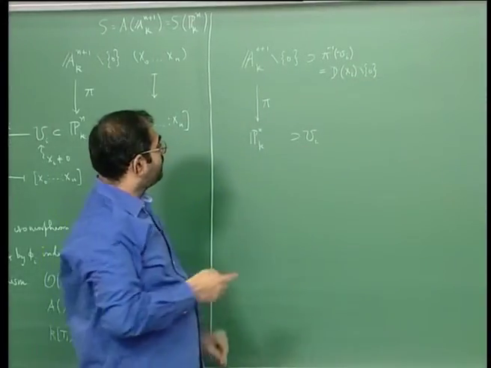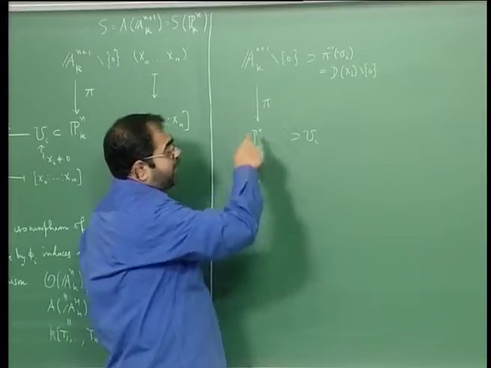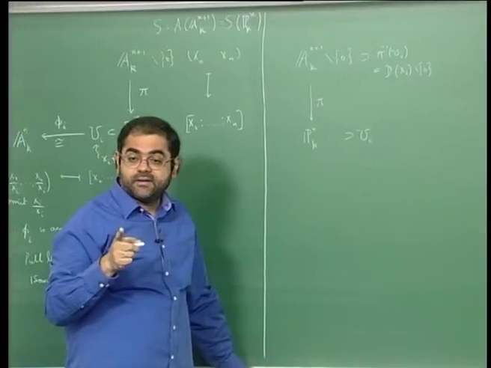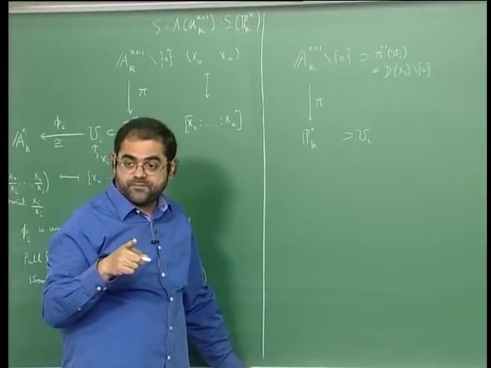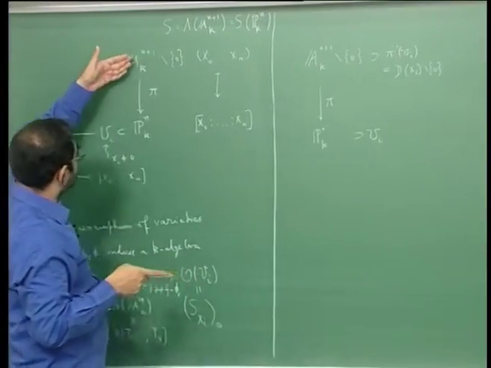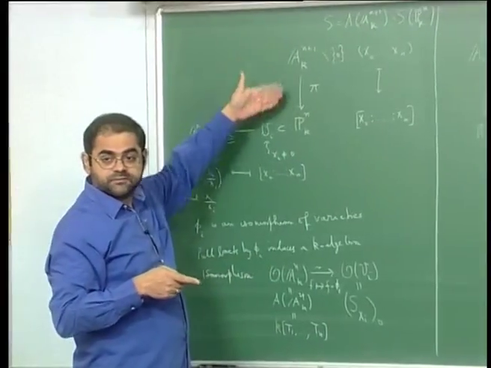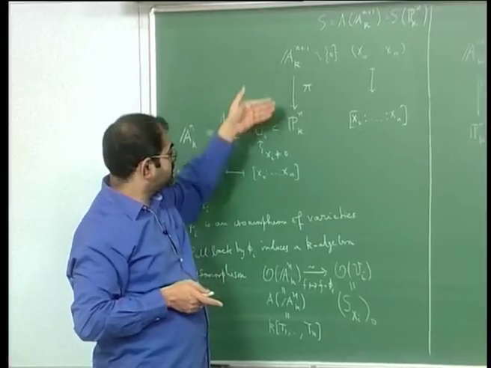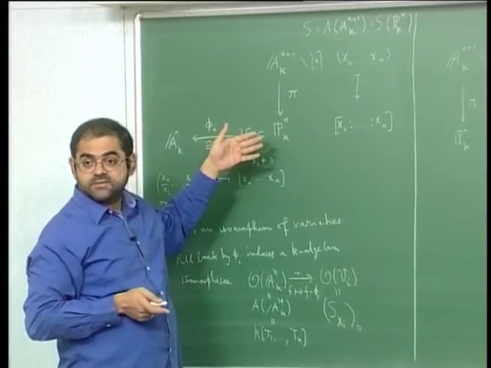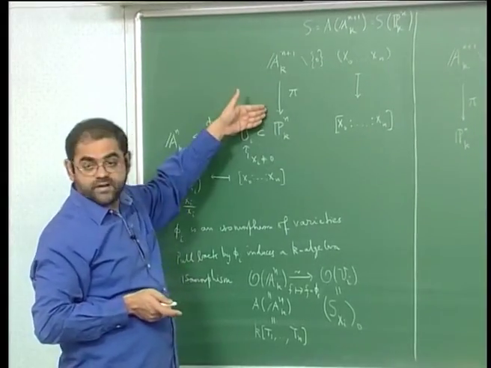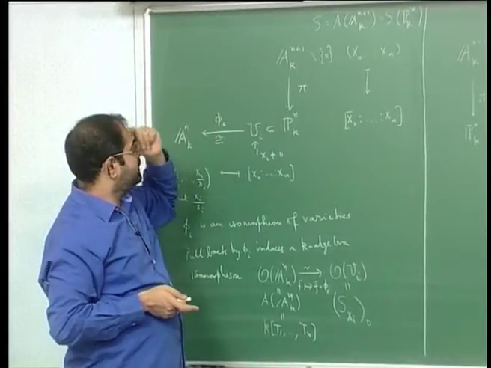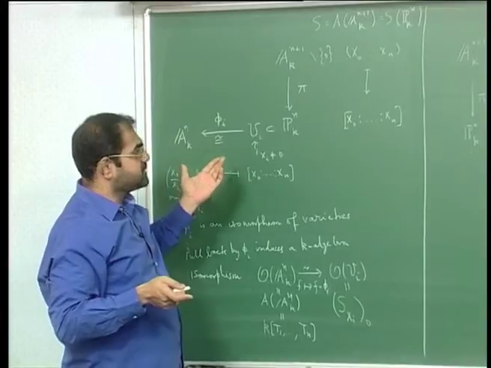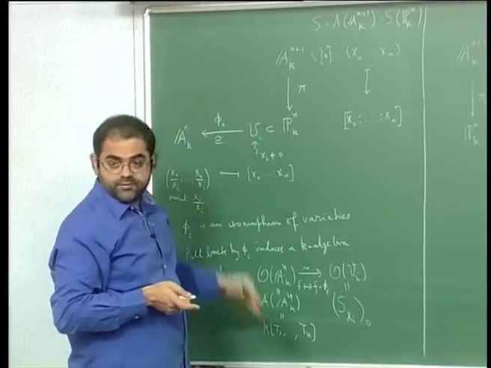And the point is that, first observation, this map pi itself is a morphism of varieties. This natural projection from the punctured affine n plus 1 dimensional space to the projective space is itself a morphism of varieties, and the reason is obvious because it is continuous.